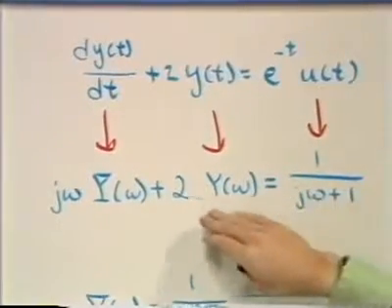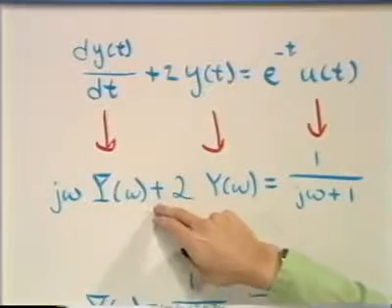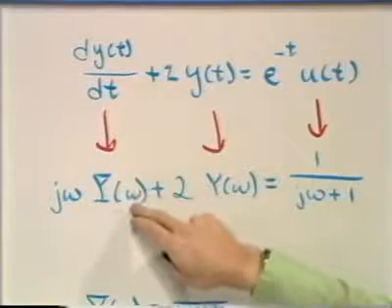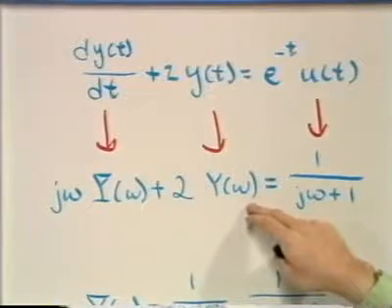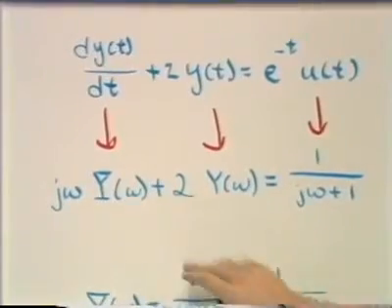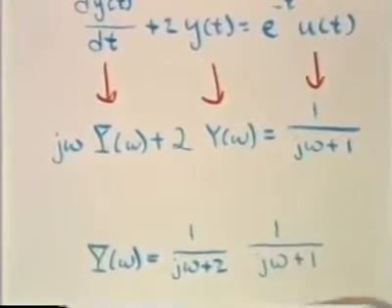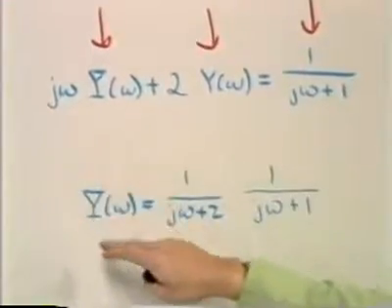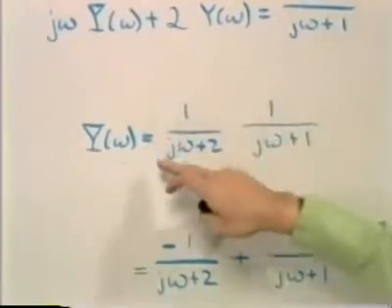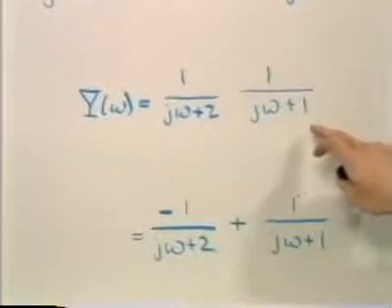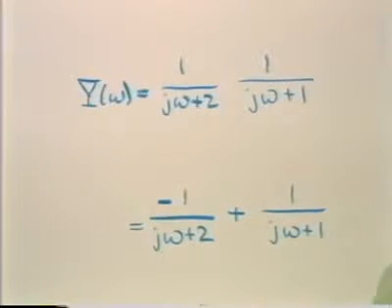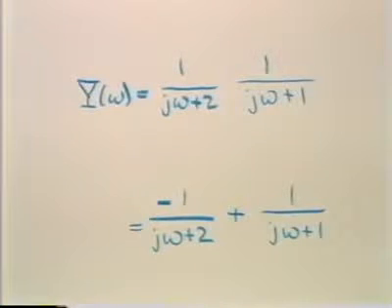And now, if we want to determine what the output y of t is, we can do that by solving for Y of omega and then generating the inverse Fourier transform. Well, let's solve this algebraically for Y of omega, and that gets us to this expression. And this is not a Fourier transform that we've worked out before, and this is kind of the second part to the inspection procedure.